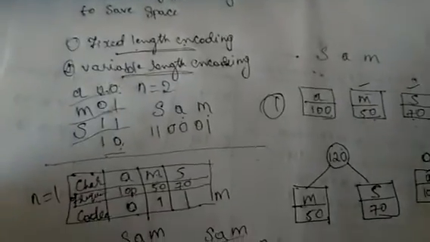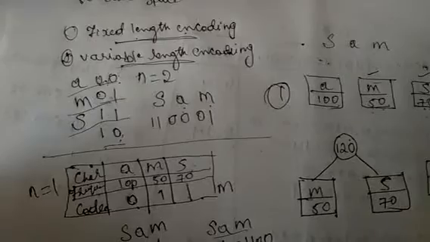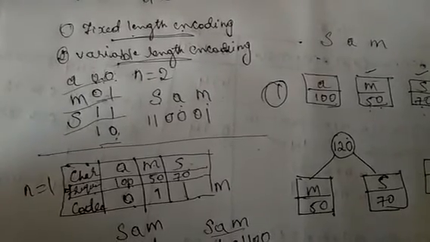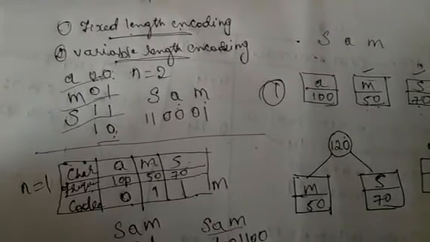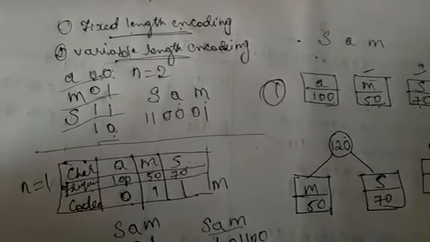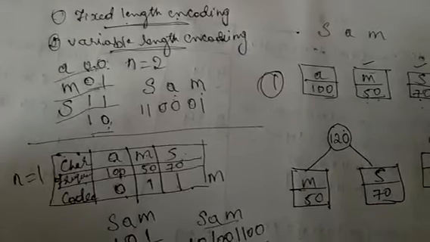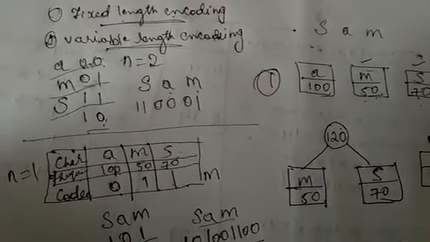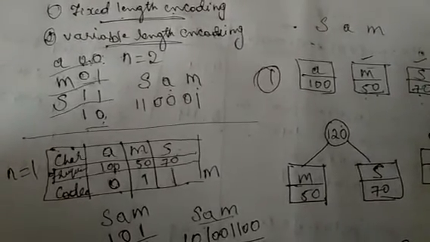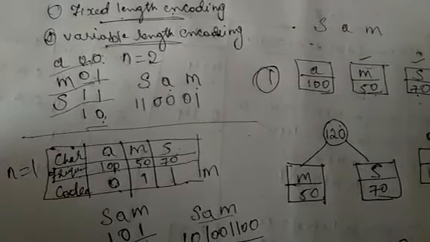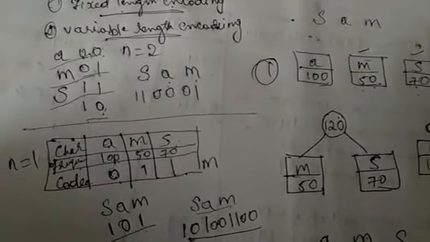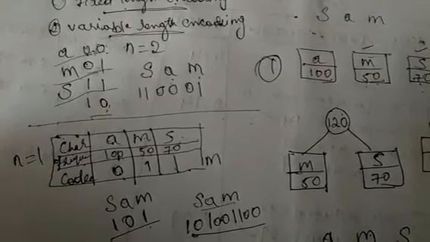There are two types: fixed length encoding and variable length encoding. Fixed length encoding has some limitations, and to overcome that, variable length encoding was introduced. Always use variable length encoding, and remember the 3 steps in the algorithm. In the next video we'll come up with a problem.